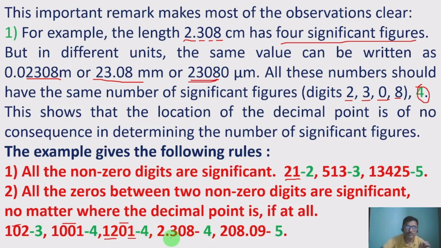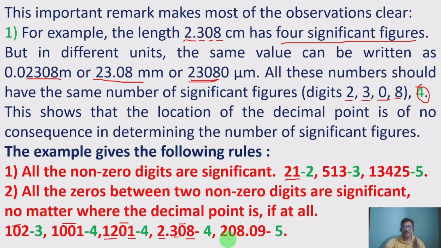And for the decimal point examples, we will take 2.308. Here the 2 is significant, 3 is significant, 8 is significant, and the 0 after the decimal point is also significant. That's why there are 4 significant figures. The next example is 208.09.